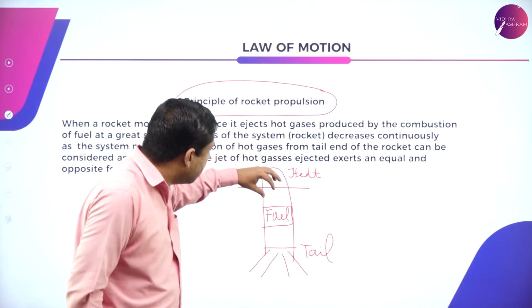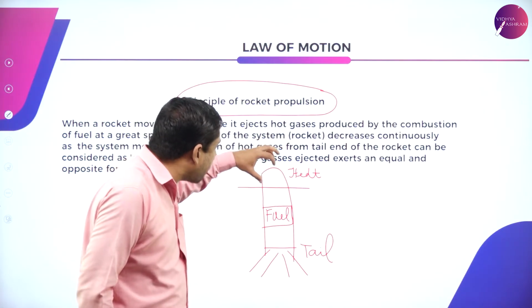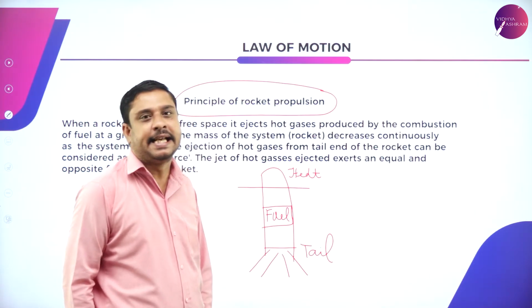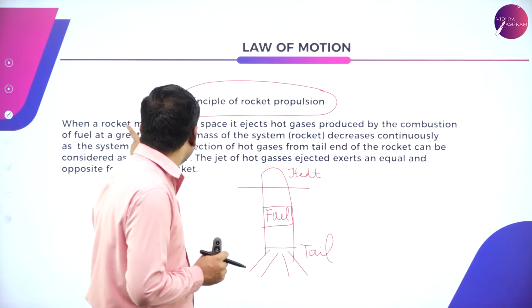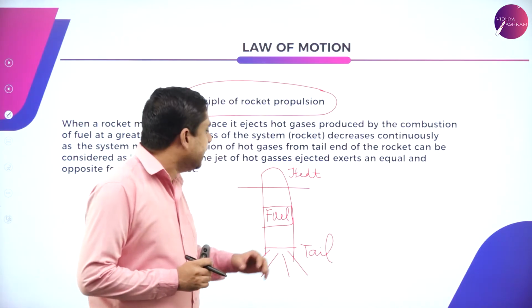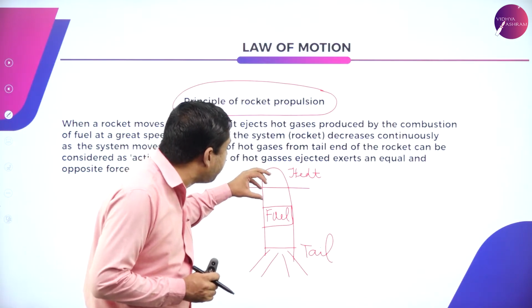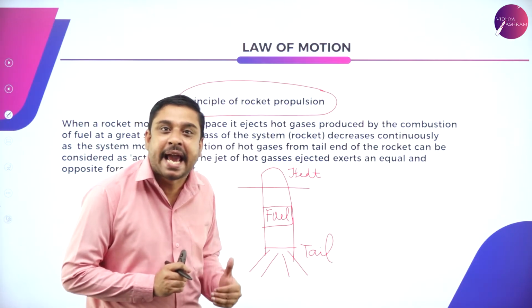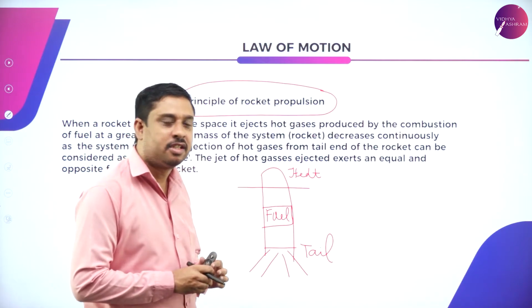Head, the center body where the propellants are placed, and the tail. What happens here is there is combustion of the fuel which is placed at the center of the rocket.